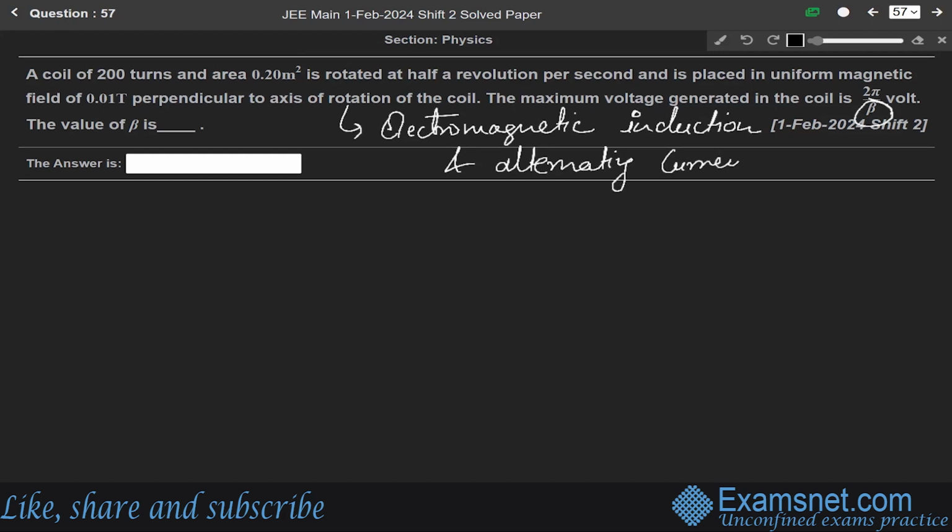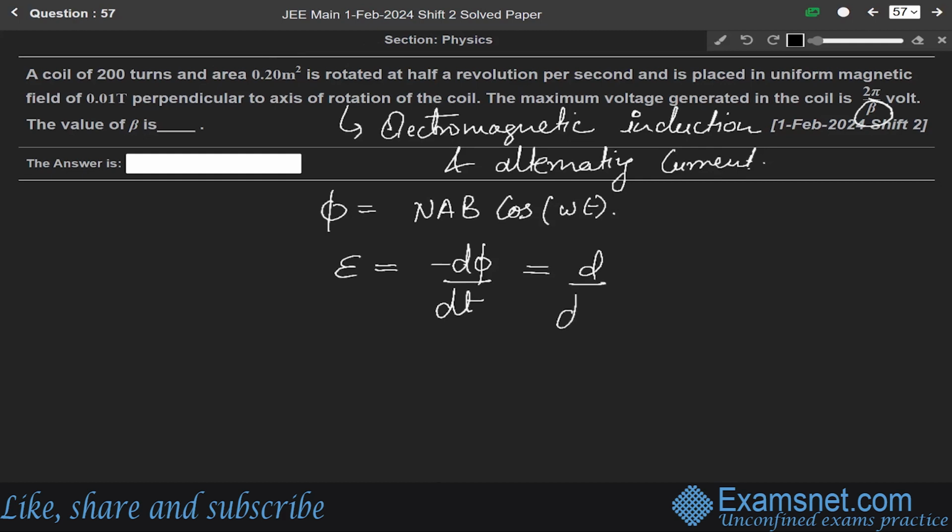Now we know that the magnetic flux phi is equal to NAB cos omega t. Whatever be the EMF generated in the wire, E will be equal to minus d phi over dt. Taking magnitude wise, it will be equal to d by dt of NAB cos omega t.